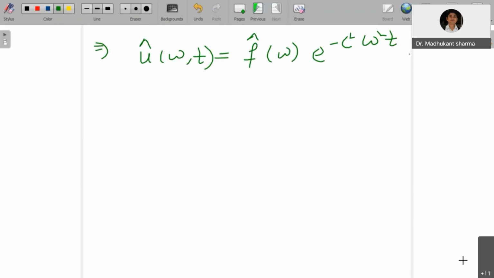Now you can take the inverse Fourier transform with respect to the space variable.